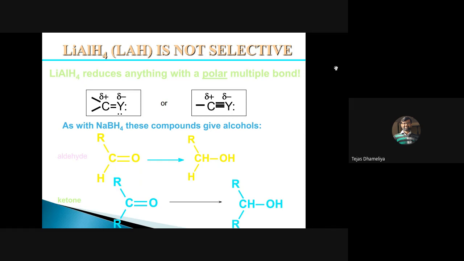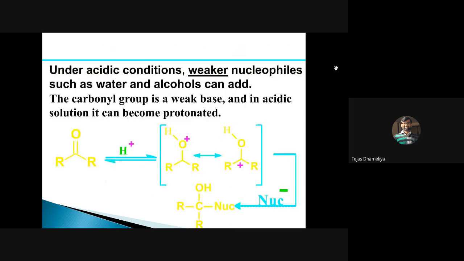So sodium borohydride is also a reducing agent like this. Weaker nucleophiles such as water and alcohol can also react. In the presence of an acidic catalyst, carbonyl oxygen will be protonated, because the lone pair here attacks H plus, and thus this will form an oxonium ion.